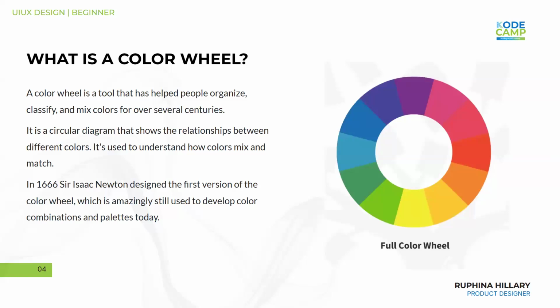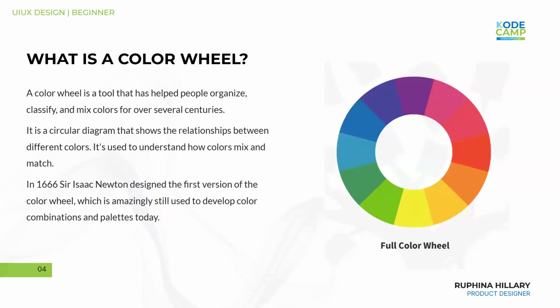KodeCamp as a company, their brand identity, they are using blue and green. They did not come to blue and green by chance. They probably did some research and found out that these two colors work together. So sometimes you see some colors that you just can't see well.